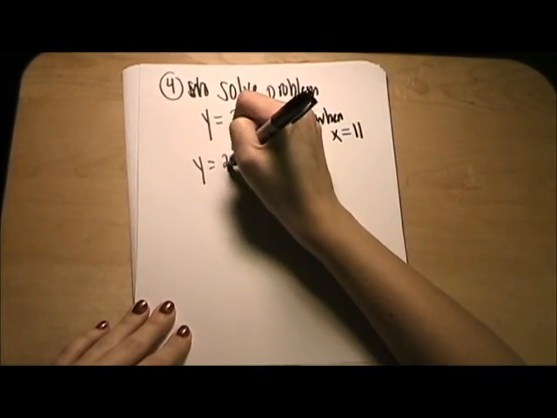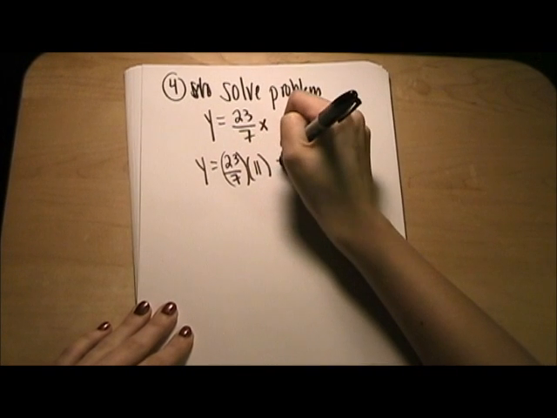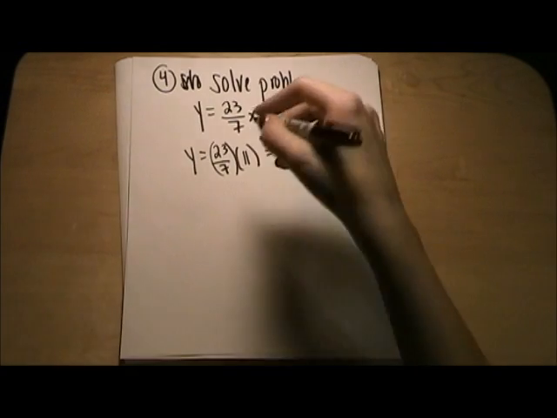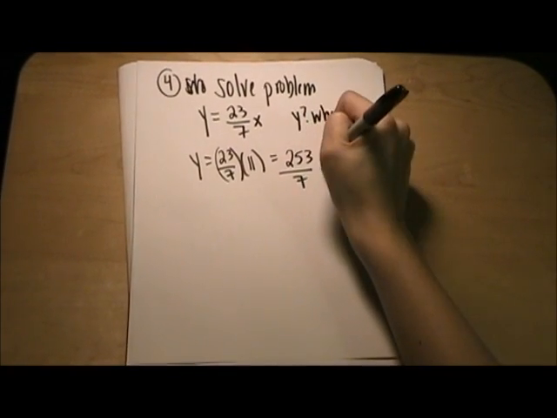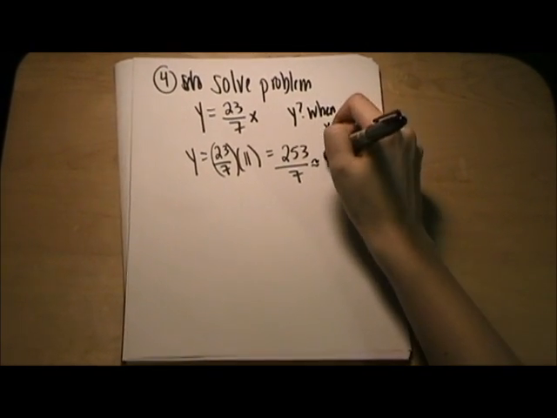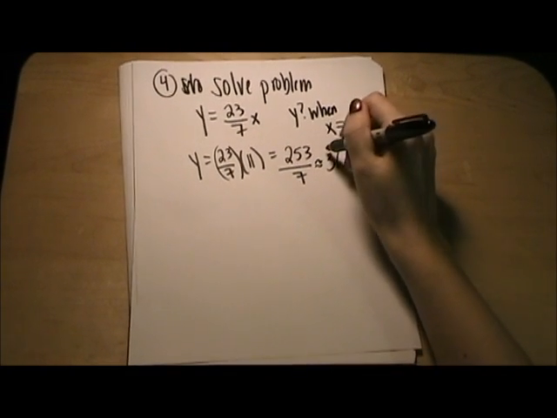Y equals 23/7 times 11, and we get 23 divided by 7 times 11. 253/7, or 36.14 about.